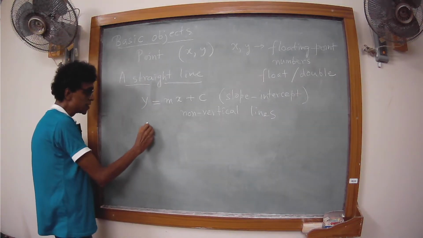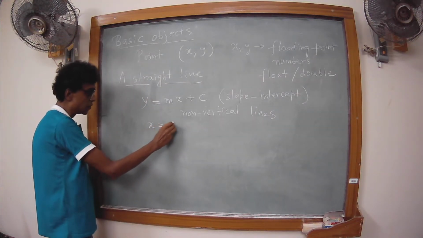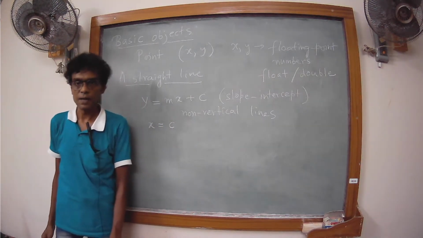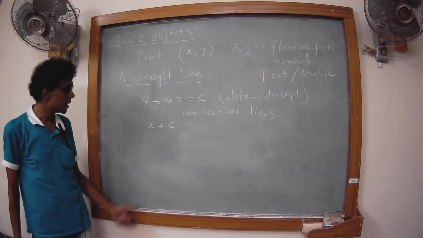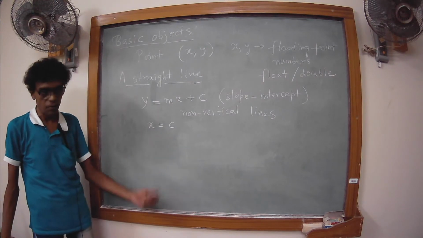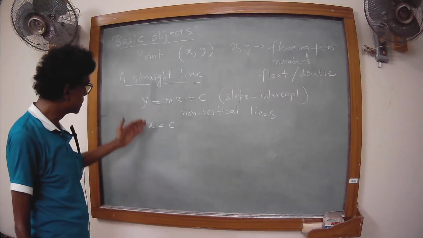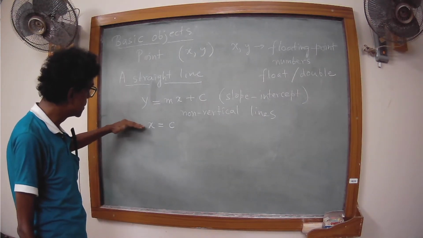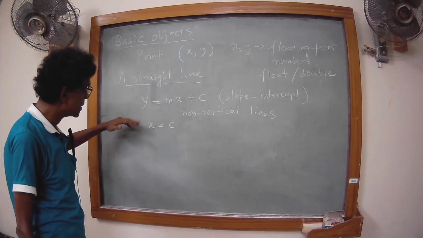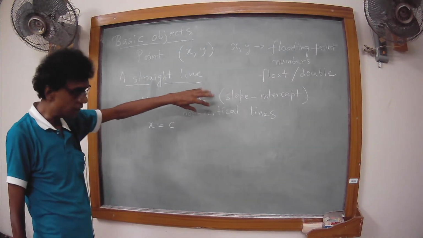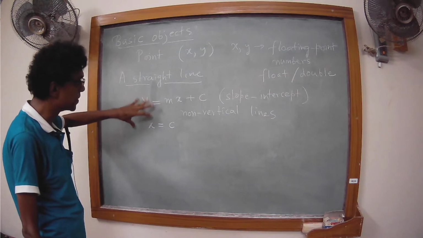You have to pay special attention like this, x equal to c, if you want to specify vertical lines. Vertical line passing through c, 0. Now, because you have to handle this particular case in a separate manner, this is not exactly a very good way of representing lines.